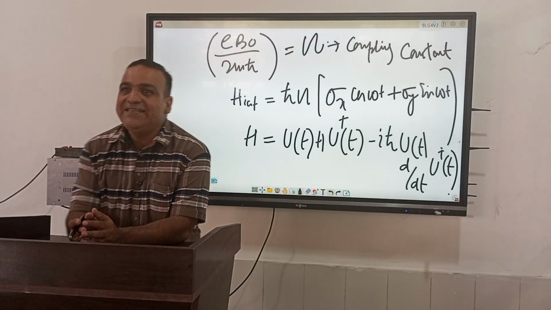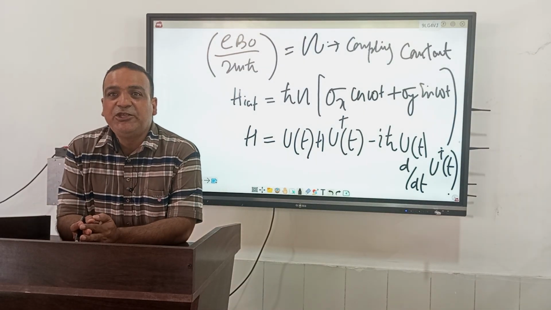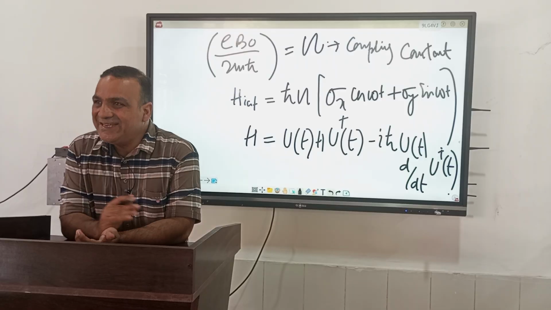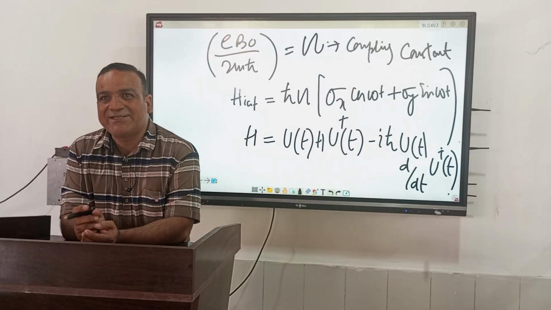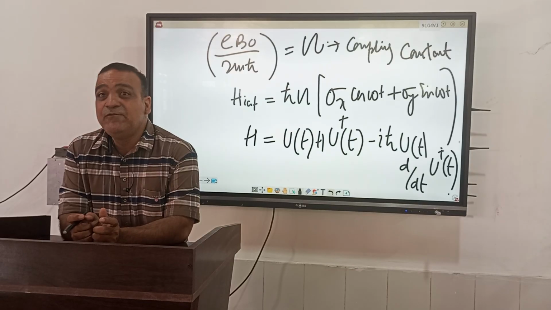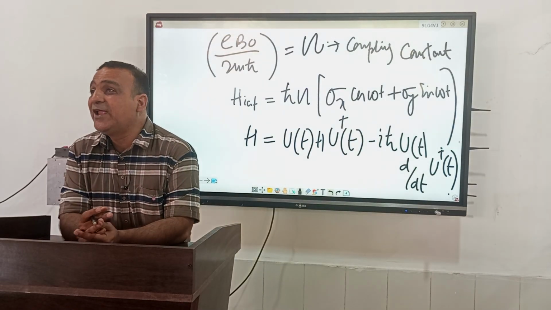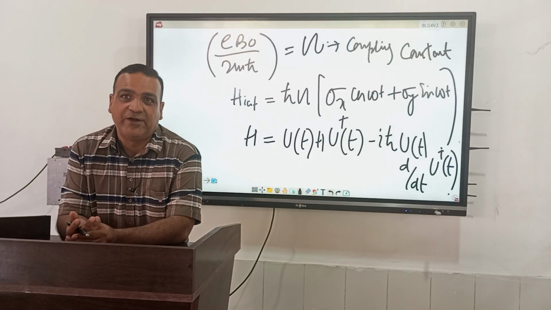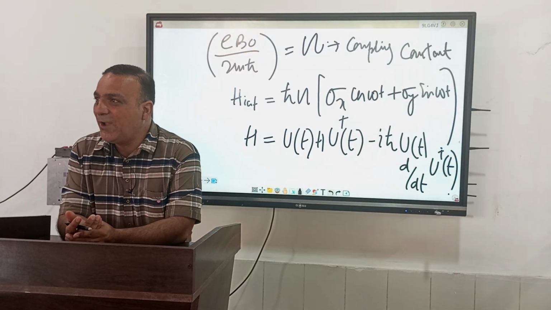Where this U of t is what? It's a unitary transformation operator. Okay? So this equation will give us the resultant Hamiltonian in which you have incorporated the rotating frame of reference. Are you getting my point?